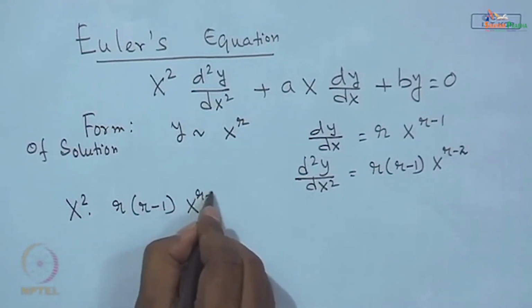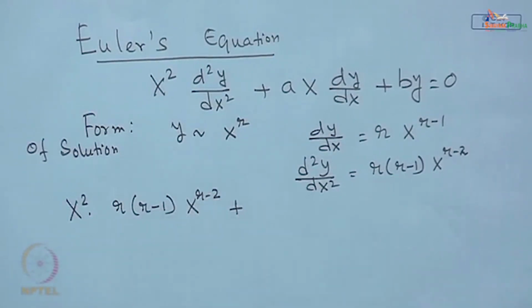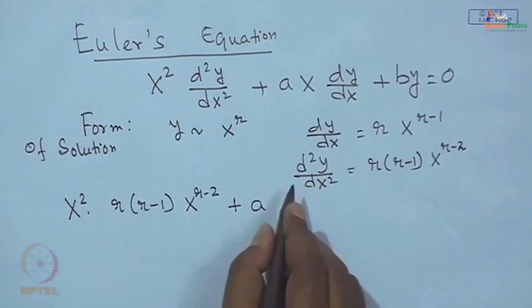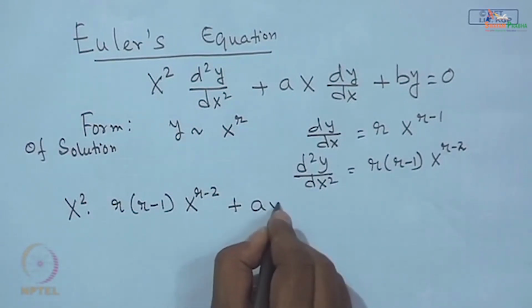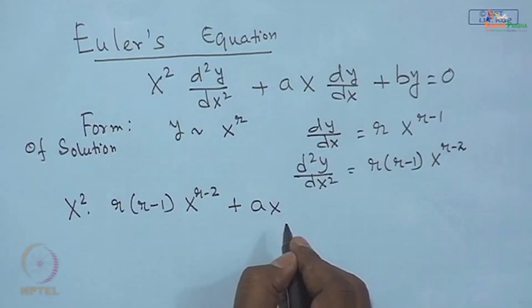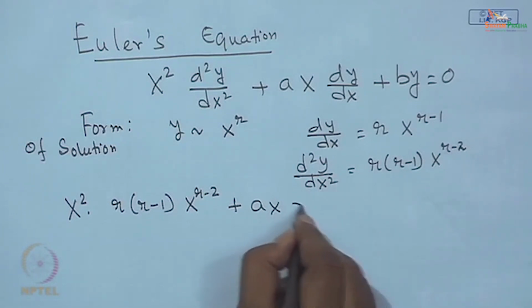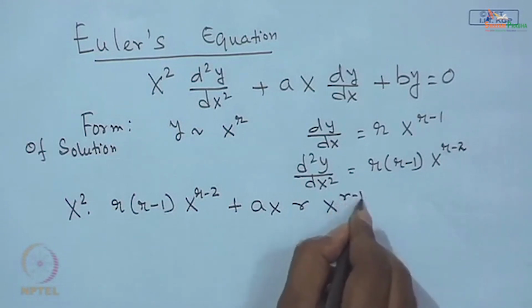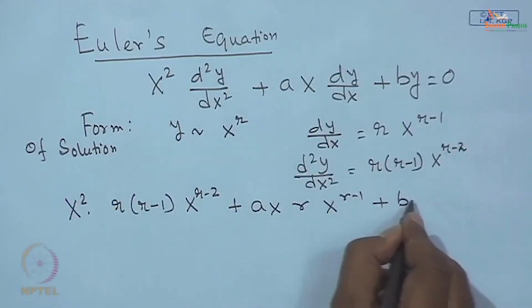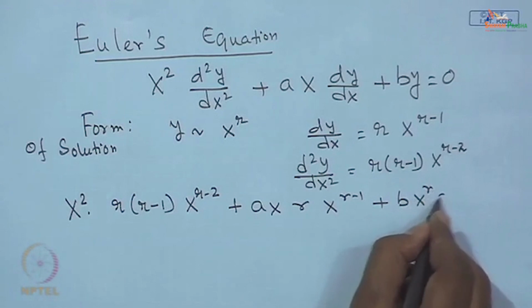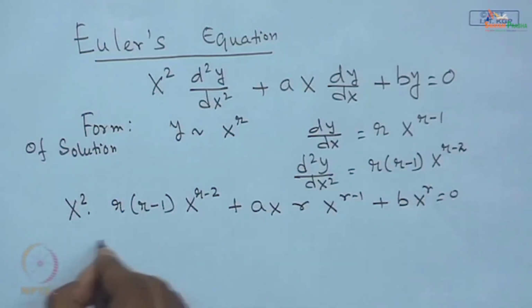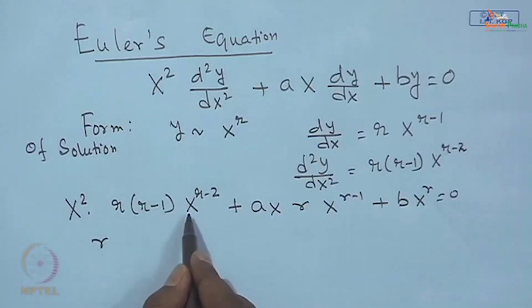to the power r minus 2 plus a x dy dx, which is r x to the power r minus 1, plus b y, which is x to the power r, is equal to 0. So, everywhere the x containing term appears as x to the power r.